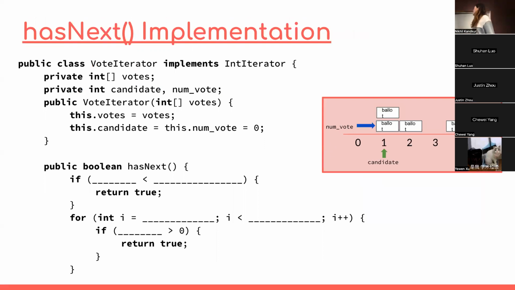So this is what the code looks like. You're given the class, and then you're given a skeleton for, let's start with the hasNext method. Take a second to absorb this.